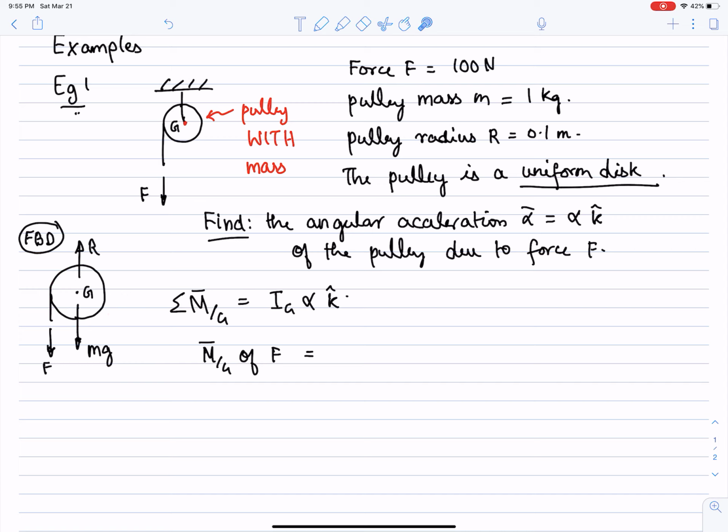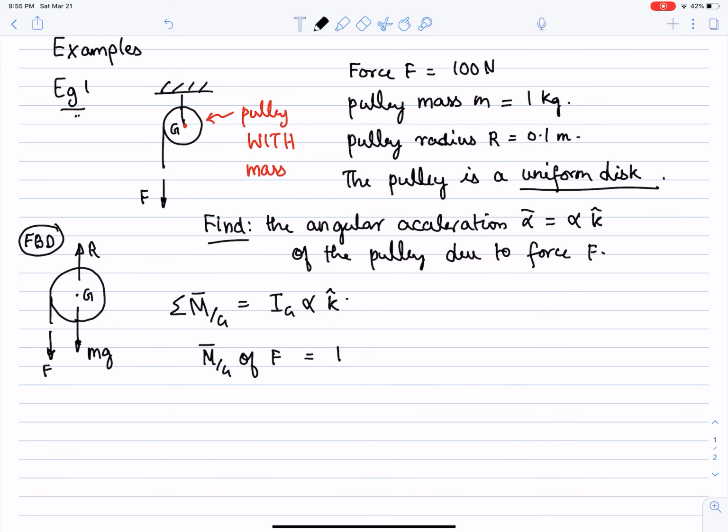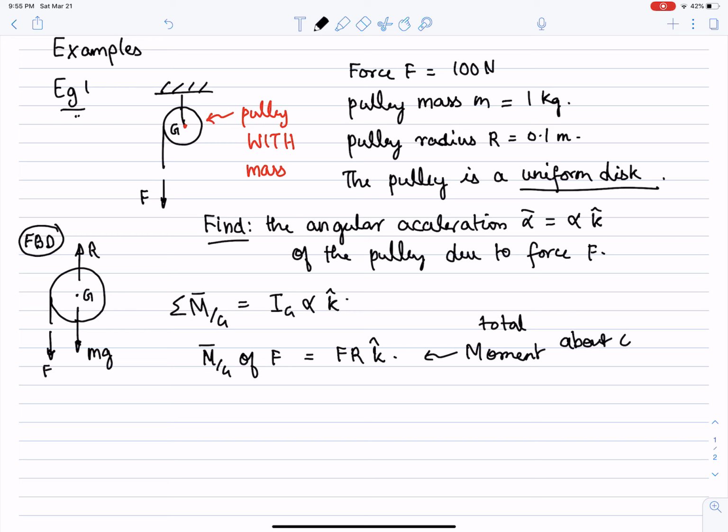Anticlockwise moments are always in the K direction, so you can just write F times R, K. That's the total moment about G, the left-hand side of this equation.